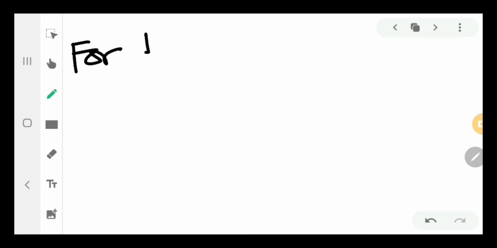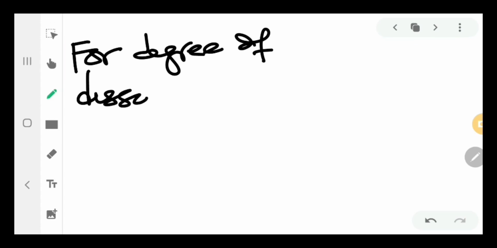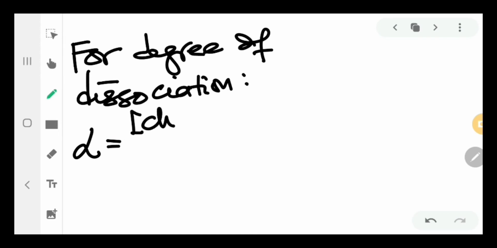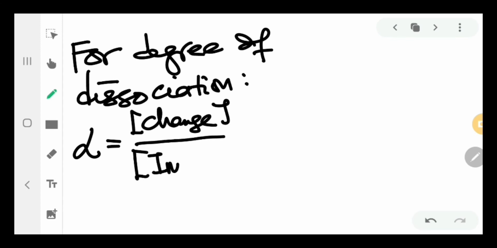For dissociation, it will be concentration of change over concentration of initial.